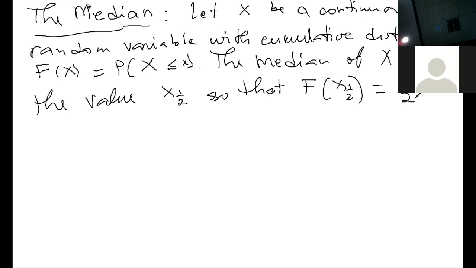In other words, the median is the point so that the probability to the left of that point is 0.5.